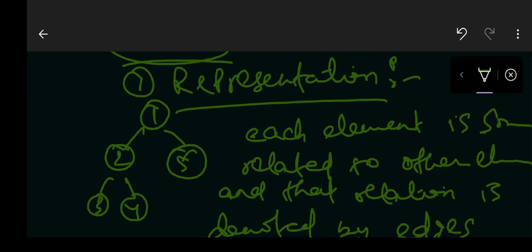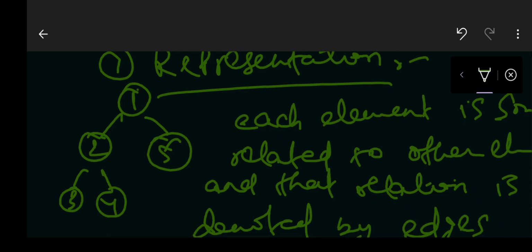We have a node, inside of which we have the value of that node. After that we have an edge. So if 1 is connected to 2, that means there is some relation between 1 and 2.